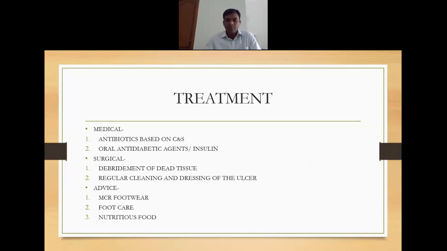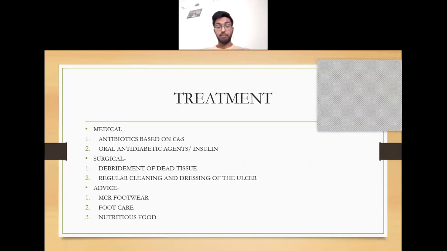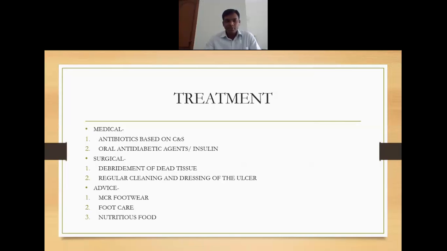There are ointments available which are derived from vascular endothelial growth factors, VEGF, and epithelial derived growth factors. They are all made into ointments. Then there are some ointments which promote faster healing, like silver containing ointments.